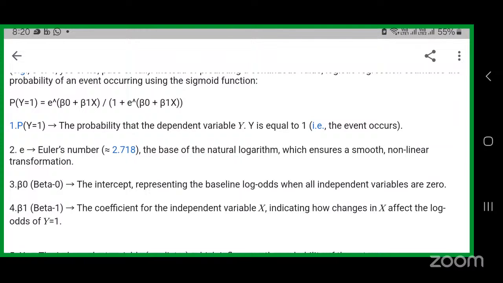Log odds indicates the baseline, that means fail or pass. Suppose this is the two dichotomy. And beta 1, the coefficient for the independent variable x, indicating how changes in x affect the log odds of y equal to 1.